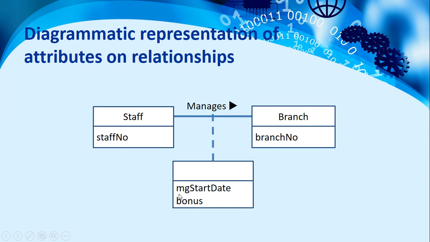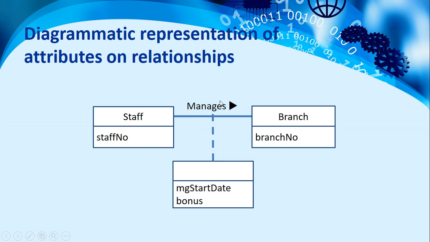So the presence of one or more attributes assigned to a relationship could indicate that the relationship, ito nga relationship ito, conceals, meron siyang tinatago na unidentified, na hindi pa ma-identified na entity type.